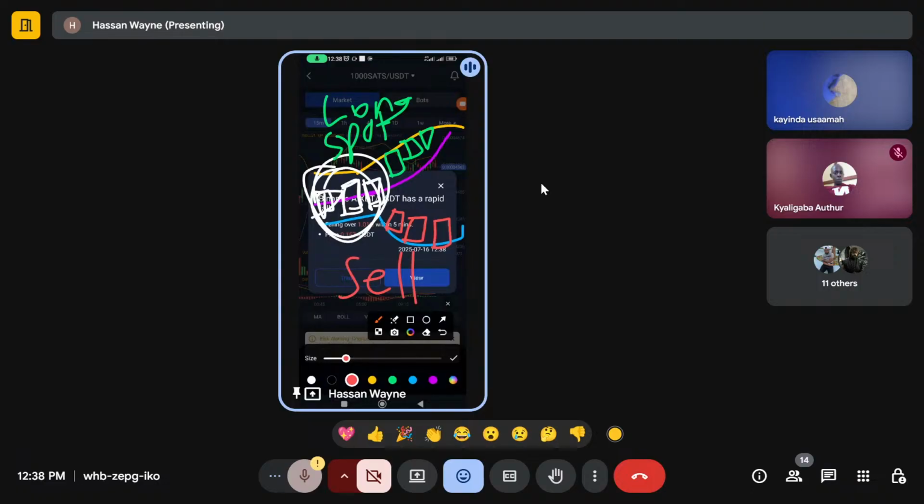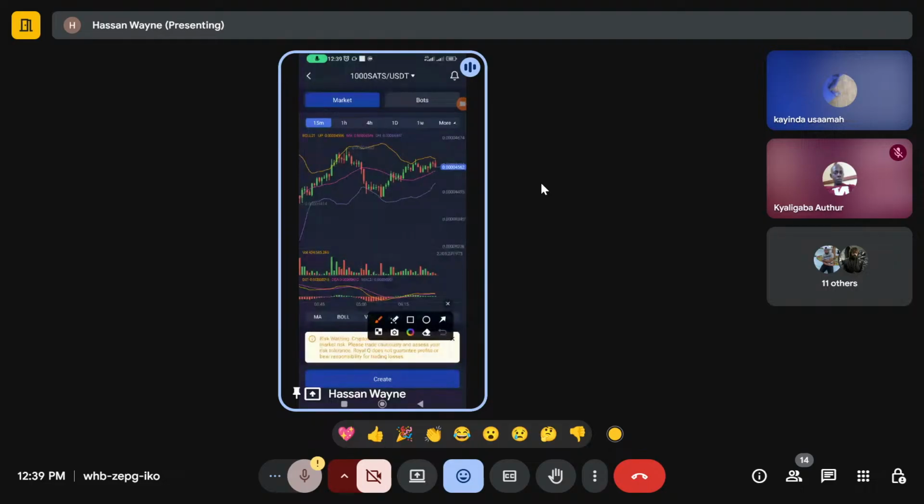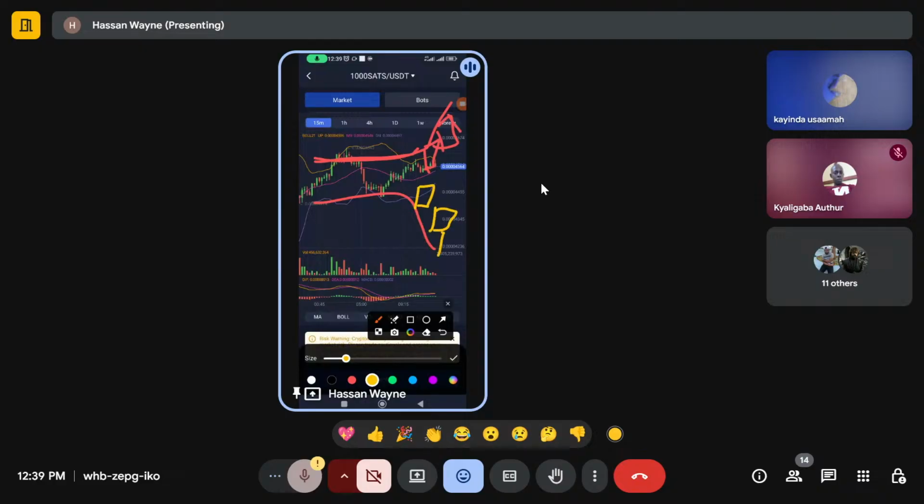So that is how the Bollinger Band works. When the market is bullish, the candles will start forming on the upper Bollinger Bands. When the market is bearish, the candles will form on the lower Bollinger Bands. So we only enter the trade when the candles are either on the upper Bollinger Bands or on the lower Bollinger Bands.